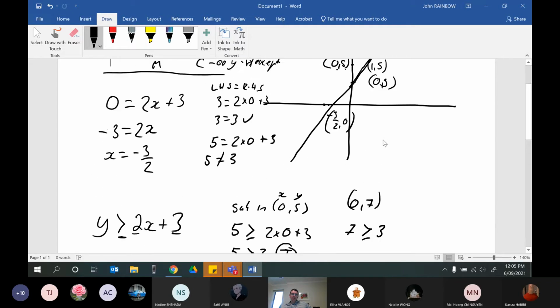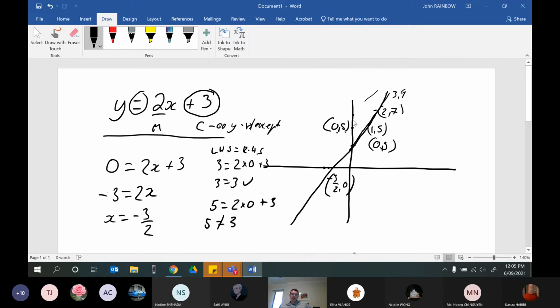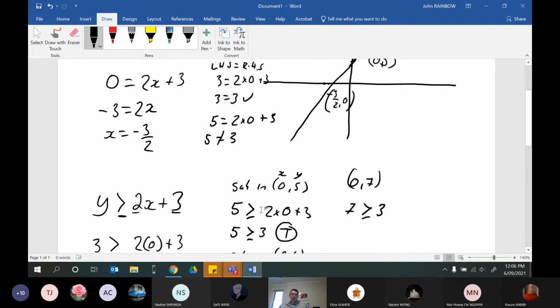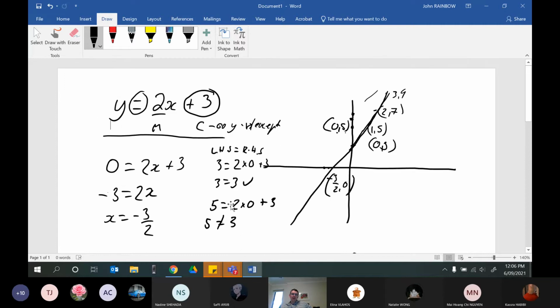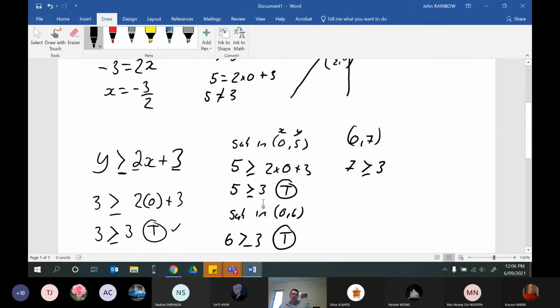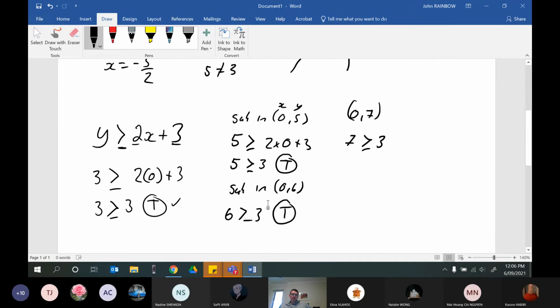That's true. So all these points here, (0, 5), (0, 6), (0, 7), they all give me true results for this inequality. So we normally draw a line because it has to be on that line. But if it's not on that line, well, it doesn't do that. But with an inequality, you actually get this whole region that's true.